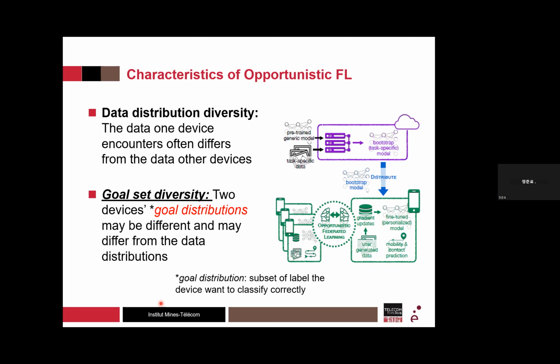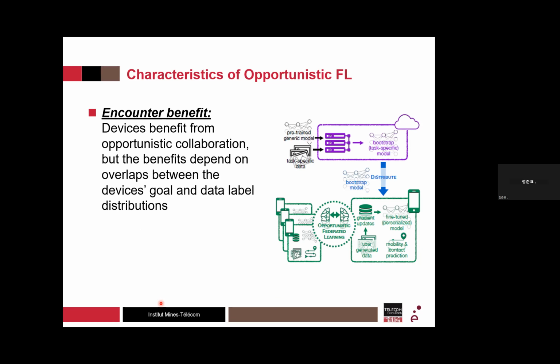Then they utilize this diversity by setting their core distribution, which is the subset of labels the device wants to classify correctly. The device exchanges model parameters opportunistically when it meets neighbors, that is, an encounter.